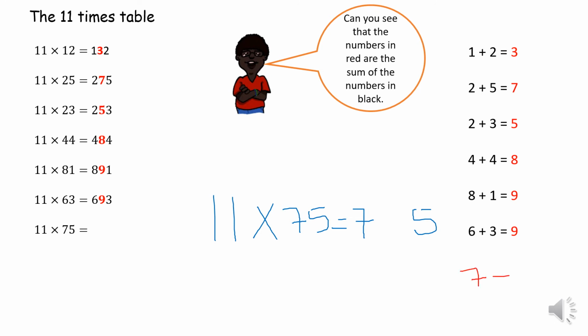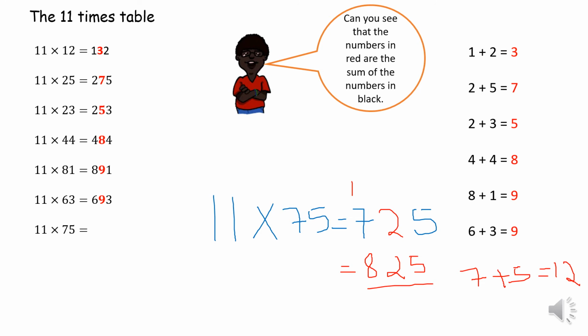But the way I'm going to write this 12, I'm going to write the 2 here and the 1 here because I'm carrying it over. So it's going to be 825. That is how you will be solving this particular question. Just remember that when you are adding and it's more than 10, you must carry over that 10, and then you add it to the 7, as you can see.